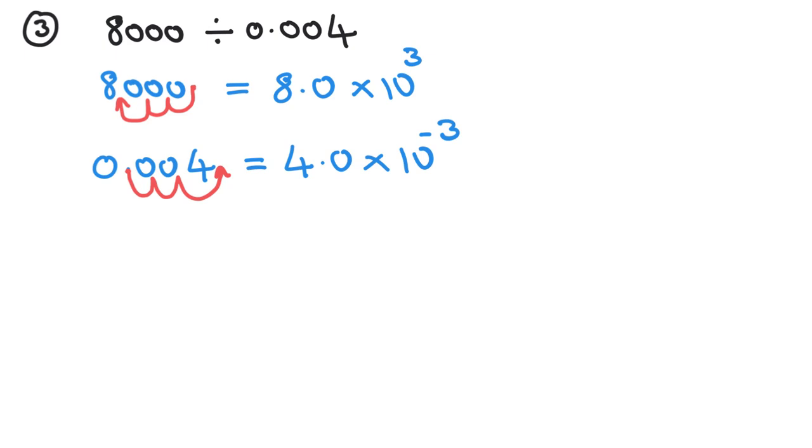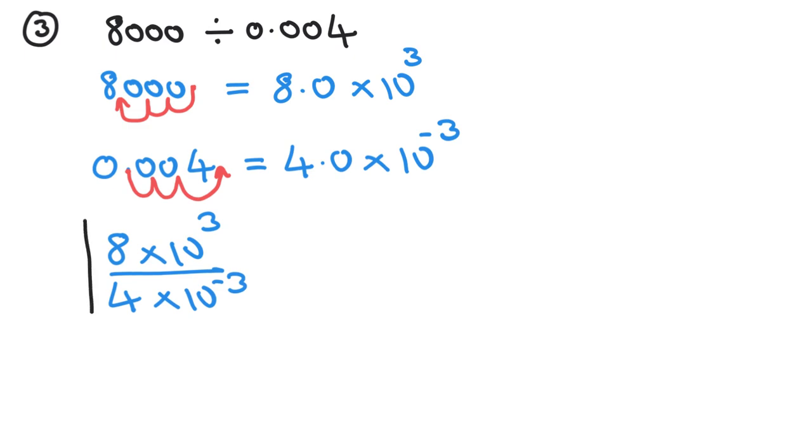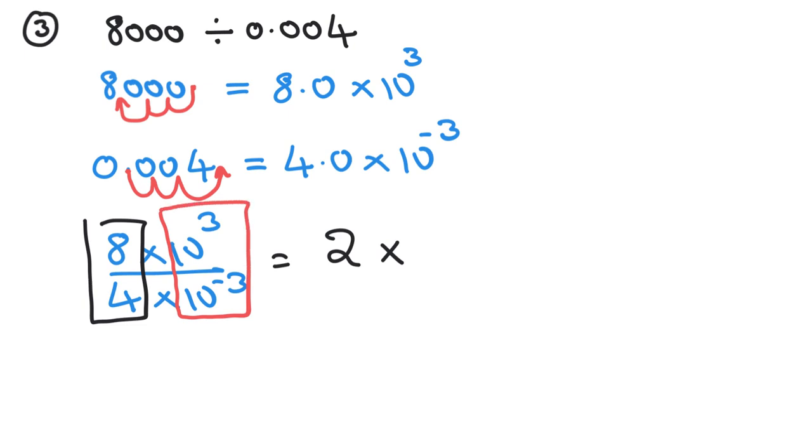Now we can easily write down 8 times 10 to the power 3 divided by 4 times 10 to the power minus 3. Now 8 divided by 4 is how much? 2 times. Now observe. When the bases are same, you subtract the powers. So it's 10 to the power 3 minus 3.